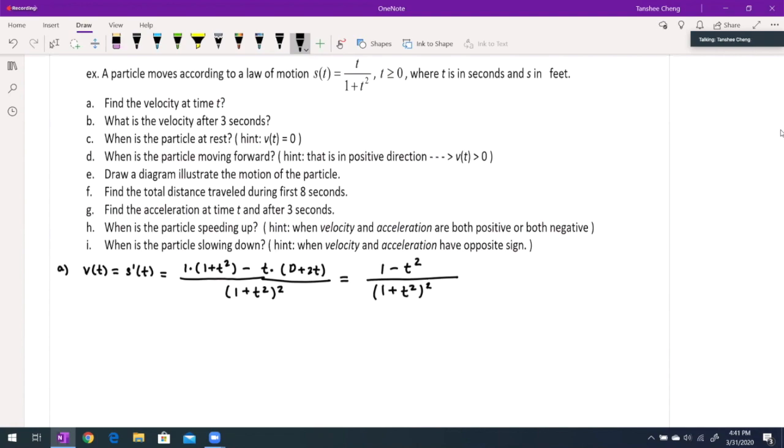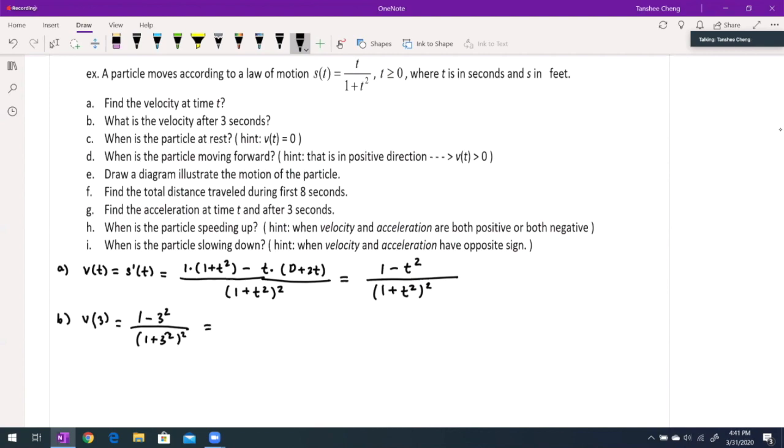Now, to answer part B, which asks you to find the velocity at time equal to 3, I substitute that time into the velocity function that we just found: 1 minus 3 squared, all over 1 plus 3 squared, quantity squared.